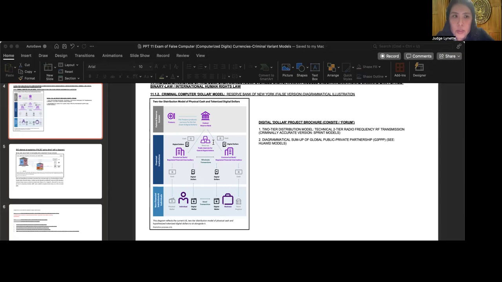In around 2019, the G7 central banks gathered, and BlackRock proposed this going direct criminal plan.